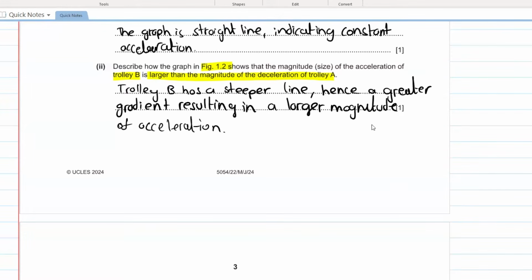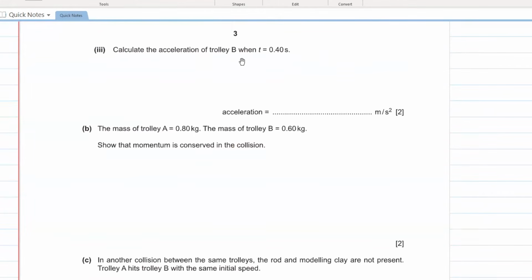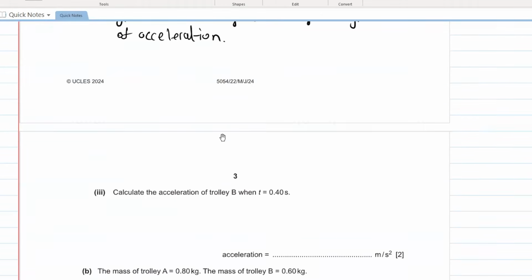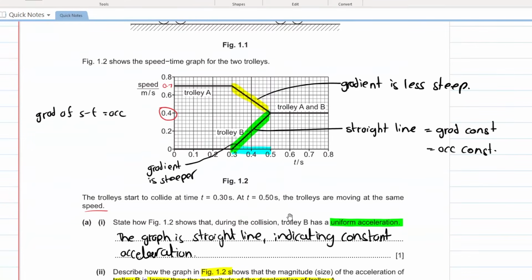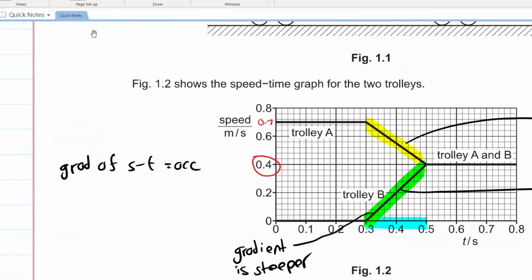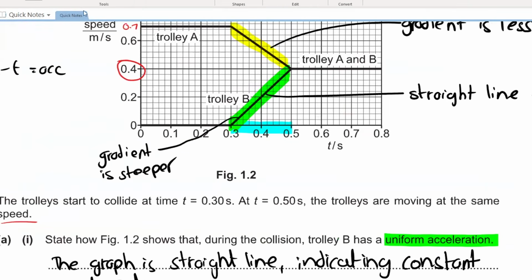Okay, calculate the acceleration of trolley B when time t equals 0.4 seconds. How will you do that? Very easy. Let me zoom in here.